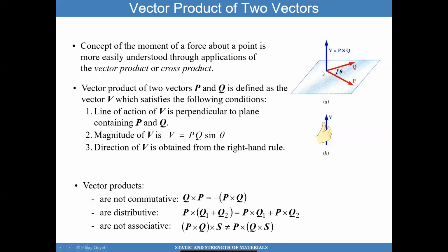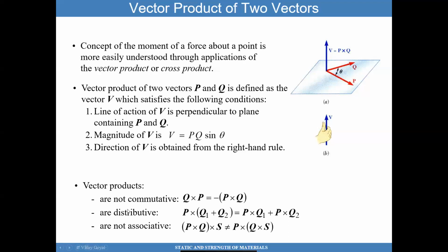If I put my hand along P and rotate it to get to Q, my thumb will point upwards. But if I now put my hand along vector Q and rotate it towards P, then my thumb will have to move downwards.